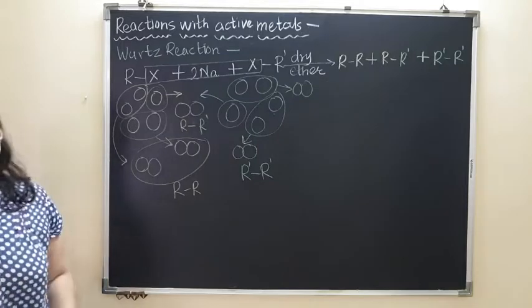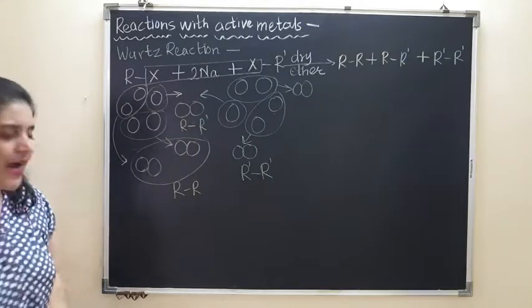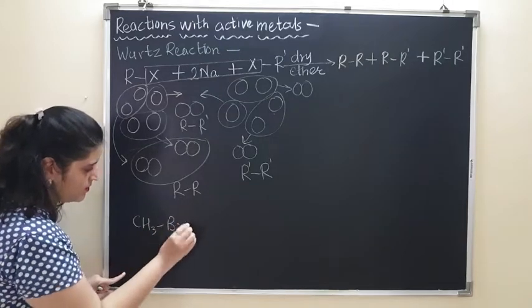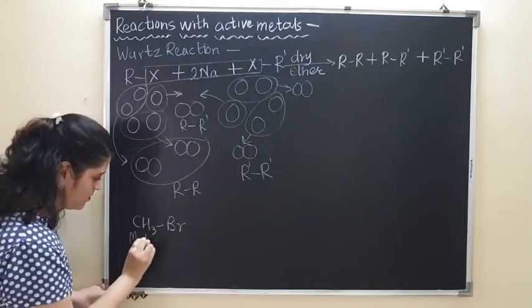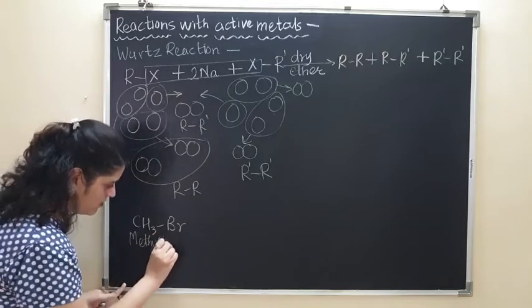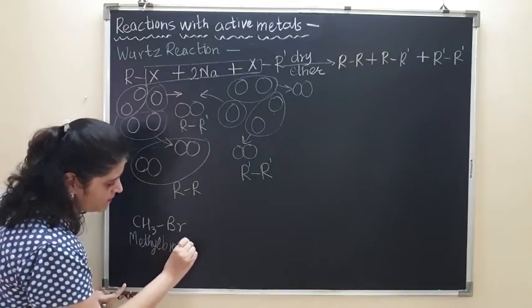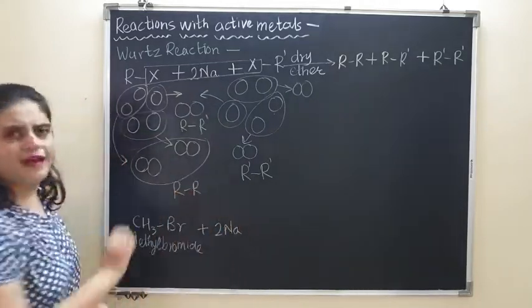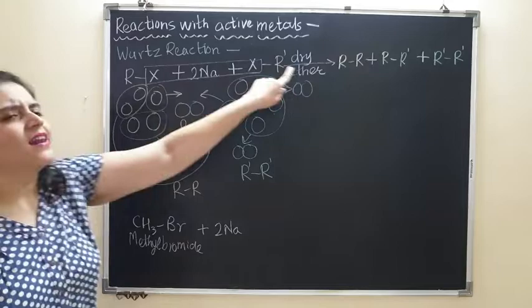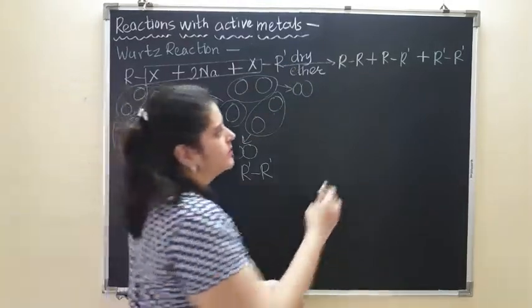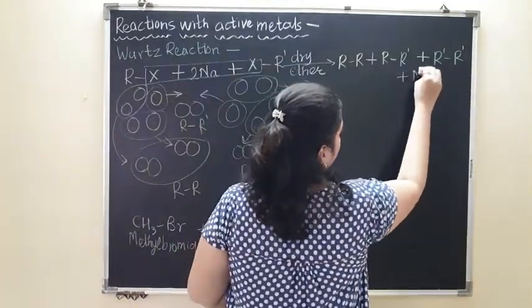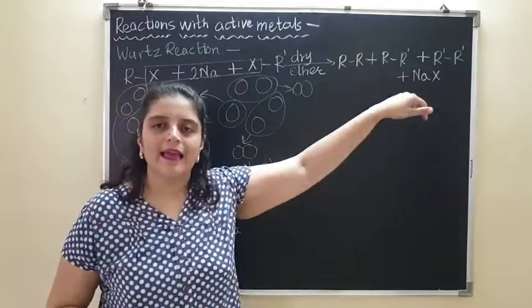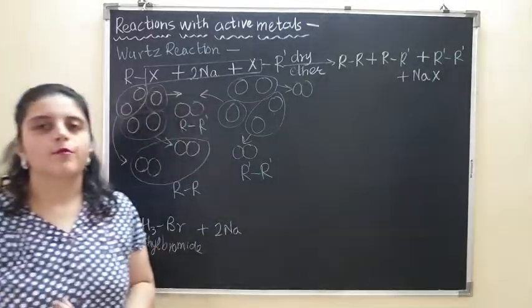So now our first alkyl halide is CH3Br, methyl bromide, plus sodium atom. Here I forgot to write NaX. But I know you must have understood that NaX is going to be one more byproduct.